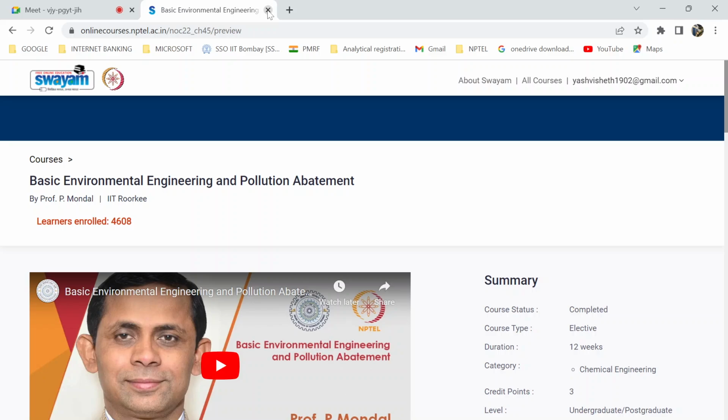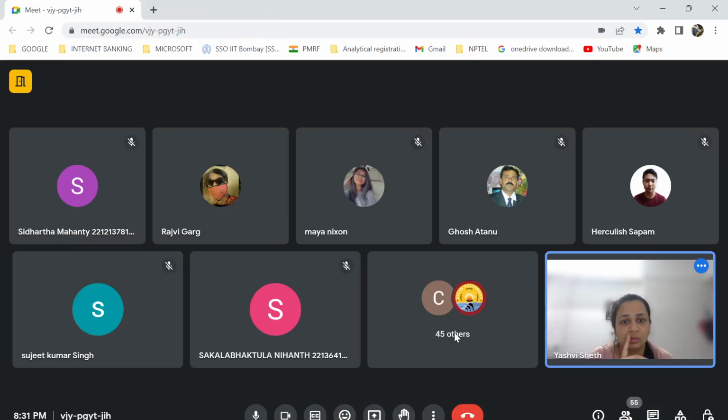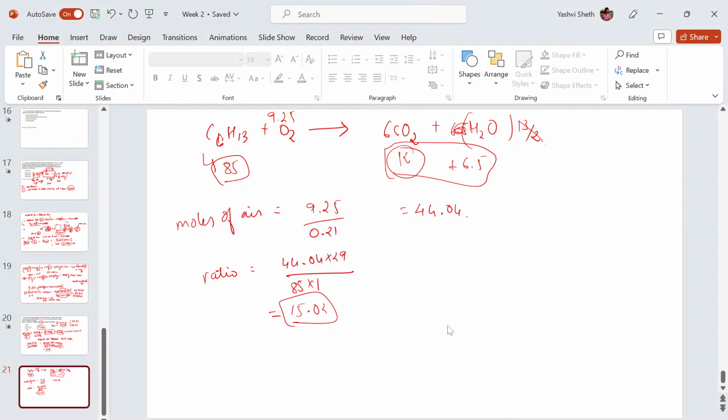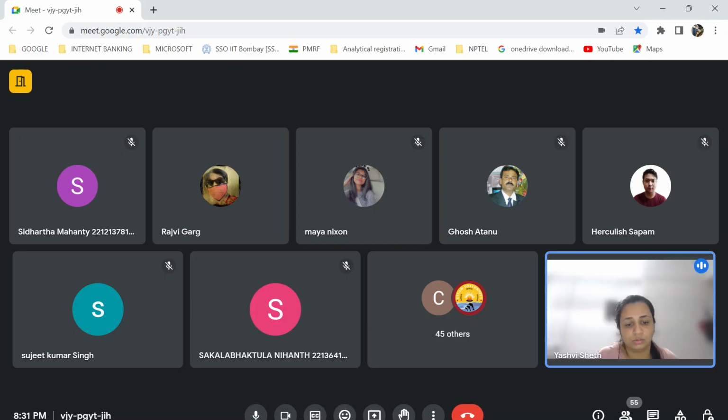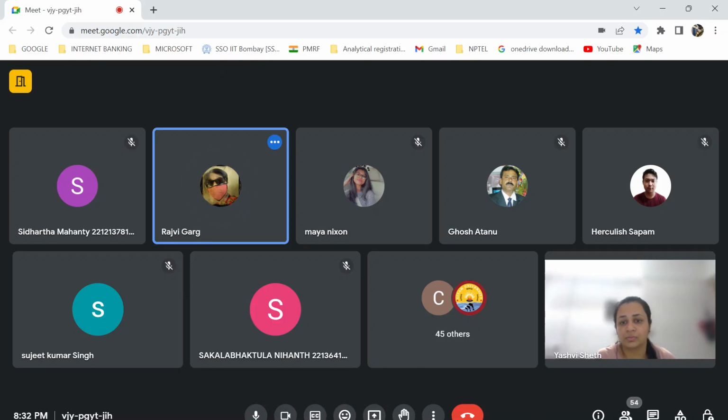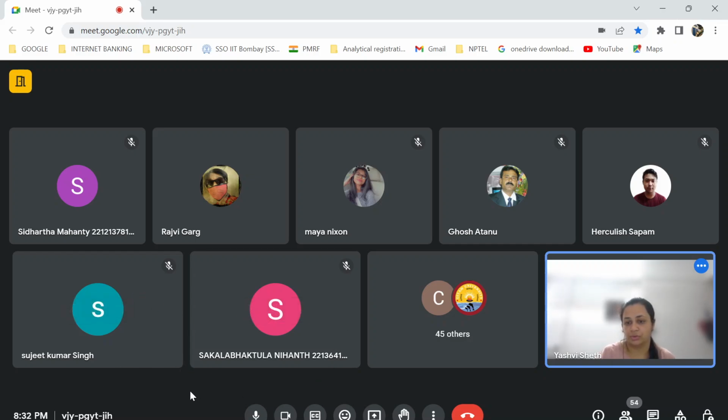I'm not able to access it right now. If you are not getting this answer, then there would be some typing mistake in the question or in the options. You can follow the similar procedure if there are some changes in the question. You can match the options and check. It would be better. The procedure is what I have shown to you.